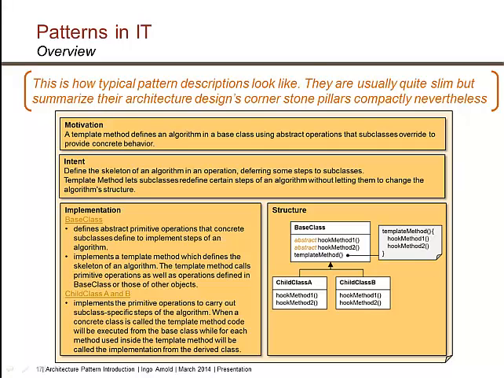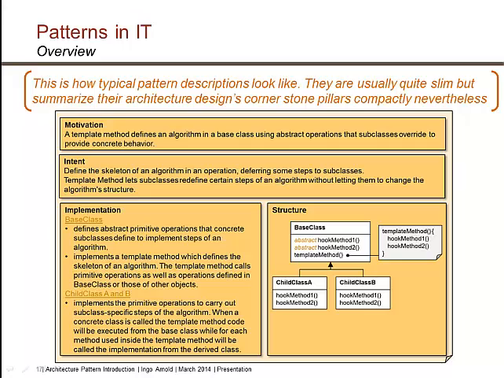When later on subclasses are created, then the subclasses of base class can override, i.e. modify, the abstract methods of base class in order to implement their subclass-specific behavior. So this shows nicely that the generic algorithm is kept final on the level of base class, where its concrete steps will only be implemented if subclasses inherit from base class, as well as when these subclasses override the abstract methods of base class accordingly.